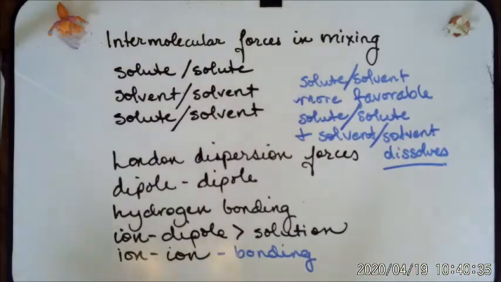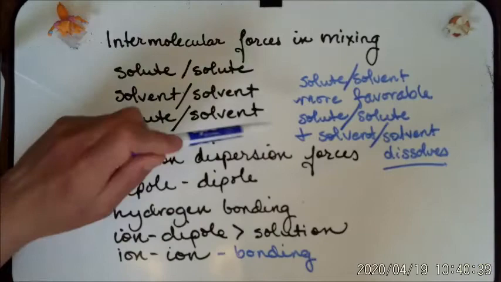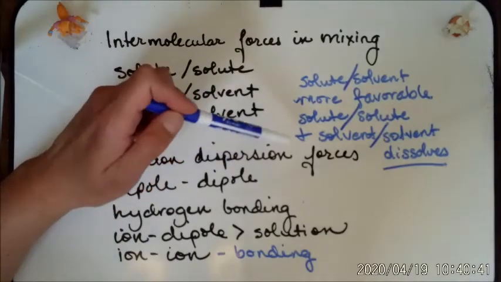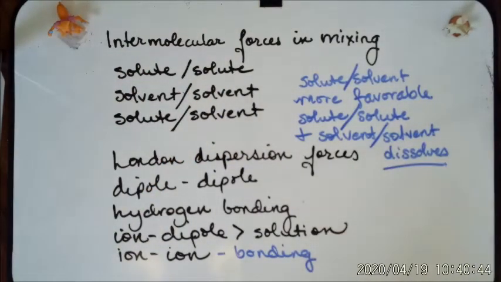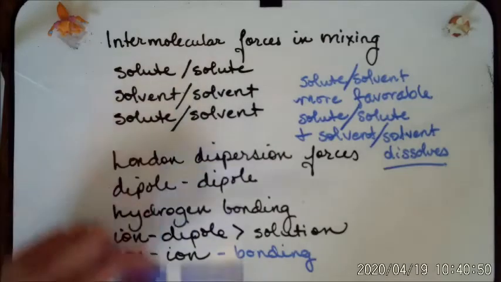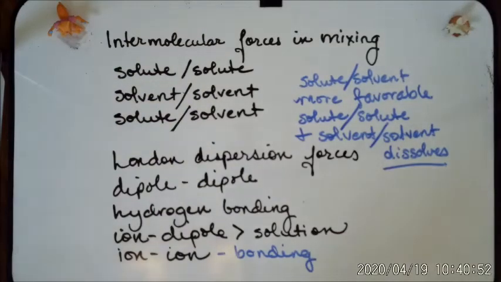Okay? Because you're going to want to go to more favorable interactions. If my solute-solute or my solvent-solvent interactions are much better and larger and more favorable than solute-solvent interactions, then there won't be a tendency to dissolve. And what we have to do is take a look at the energetics of that.